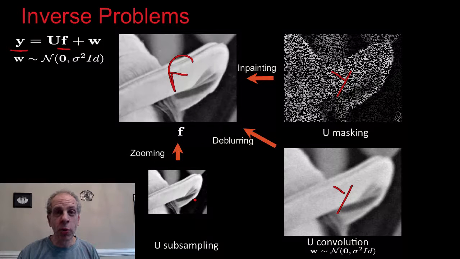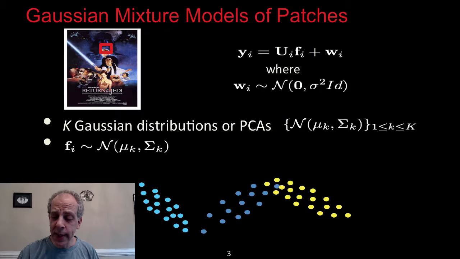Now, let us describe the type of models that we are going to have in mind. The basic idea is that for the moment, we are not thinking about sparse modeling for F. We are going to be thinking about Gaussian mixture models for F. Now, as we have been doing for sparse modeling, we don't work with a whole image, we work with patches.